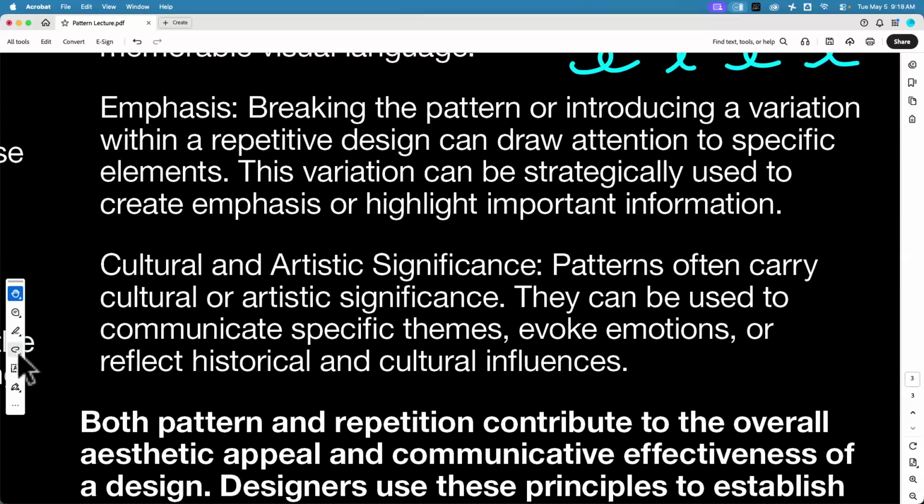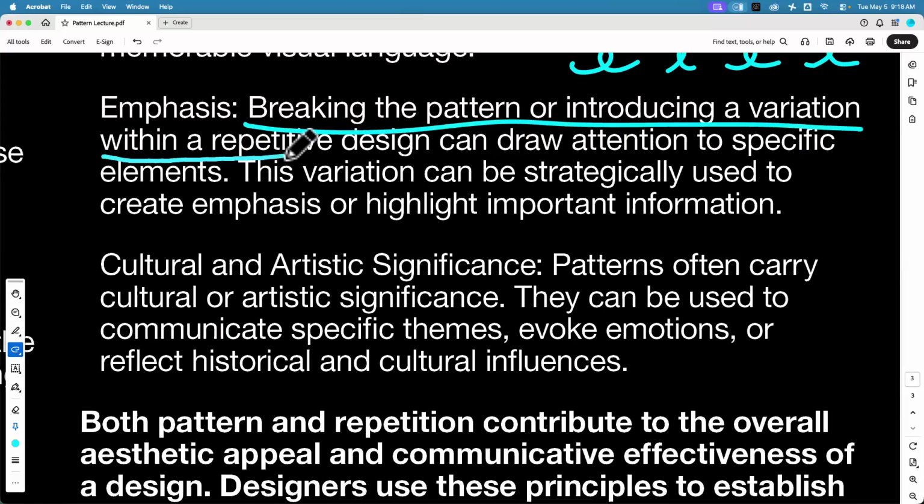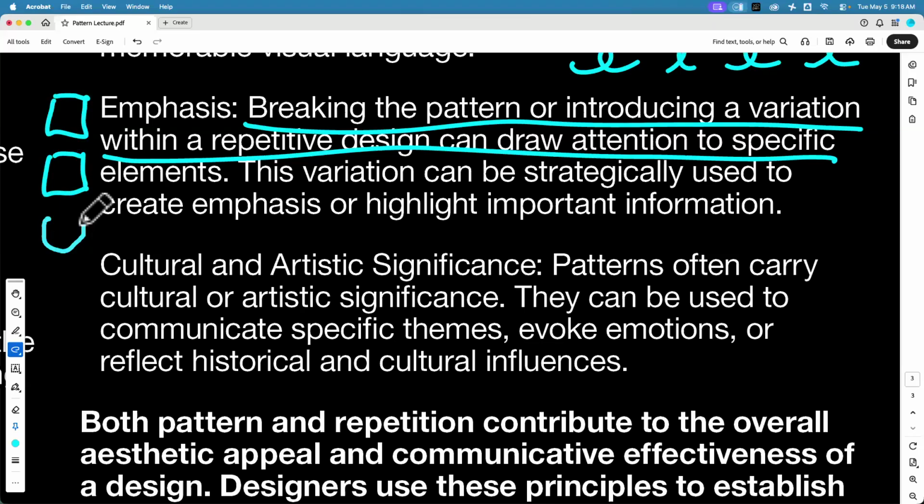Emphasis. So I talked about this earlier. Emphasis, breaking the pattern or introducing a variation can draw attention to specific elements. That's called an anomaly. So that's that change up. When you're looking, you're like, well, why is there a circle?